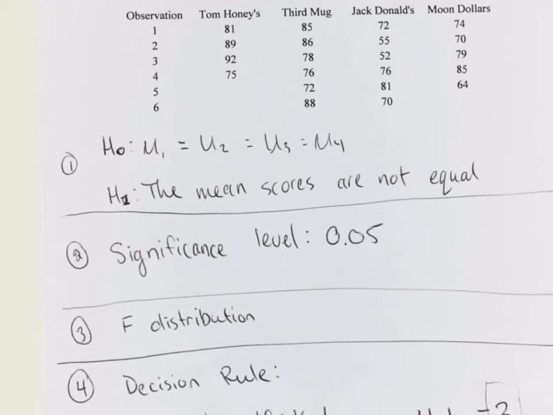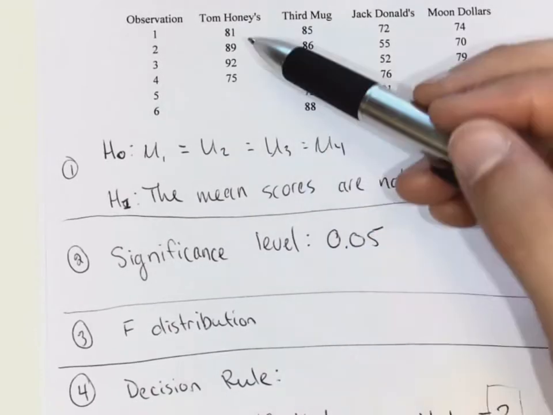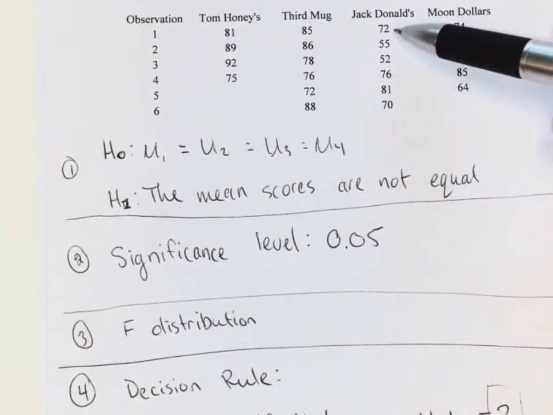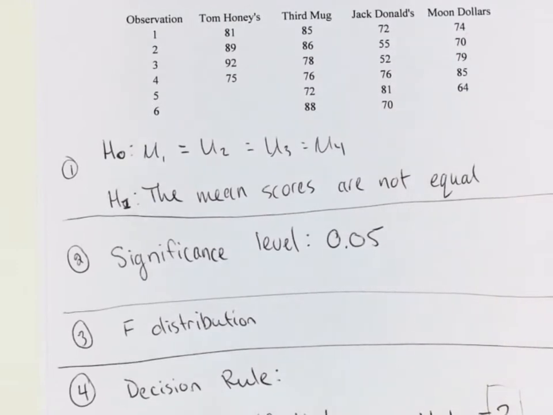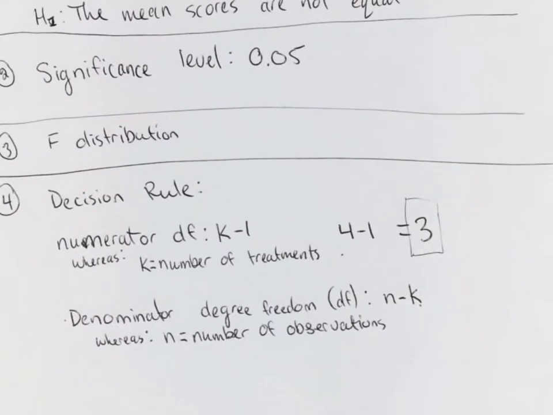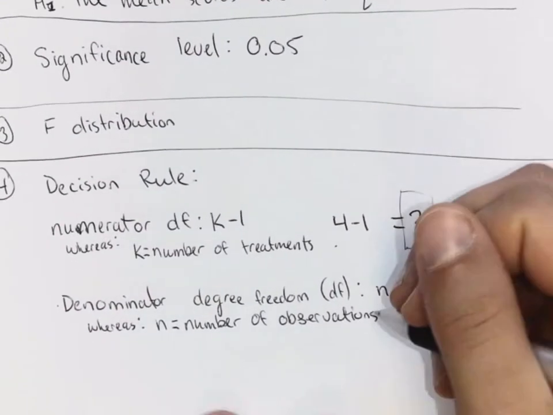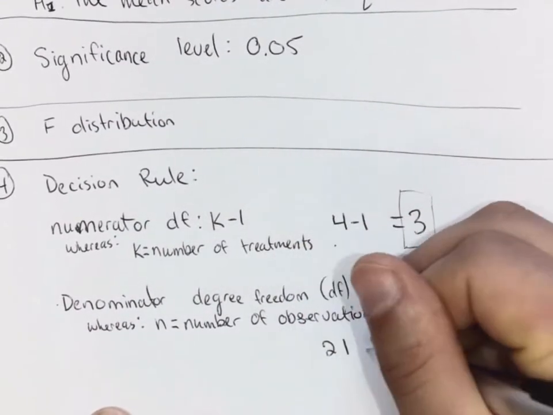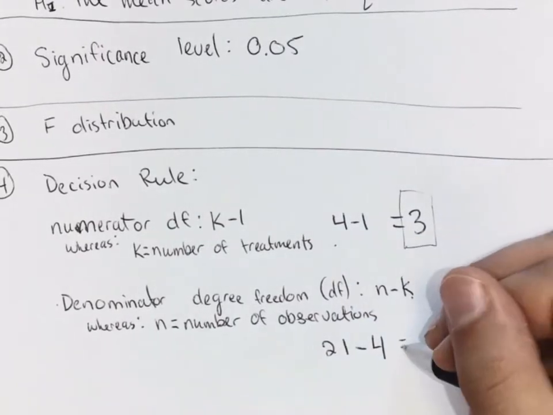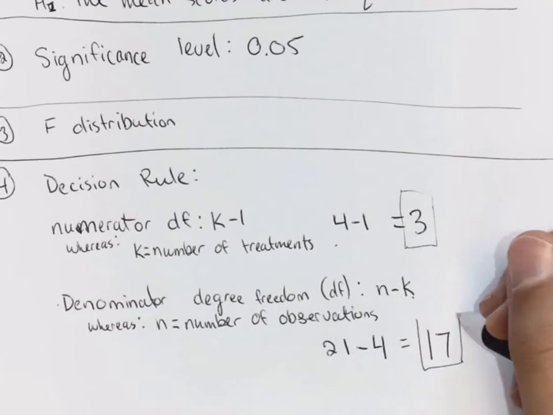So we can count up our number of observations. We have 4, plus 6 is 10, plus 6 is 16, plus 5 is 21, and k remains our number of treatments. So we have 21 less 4, which equals 17.